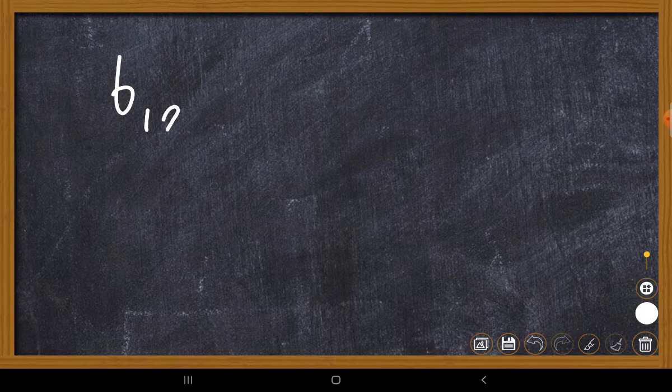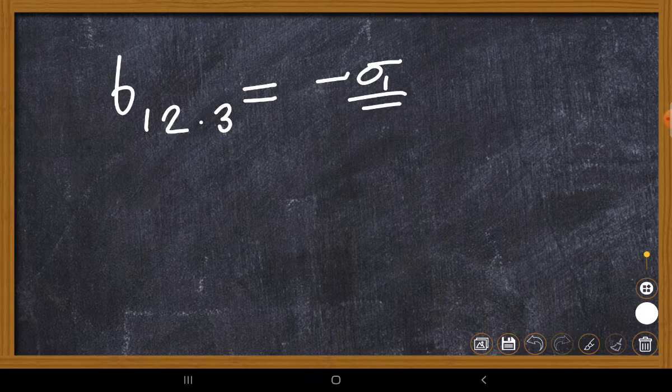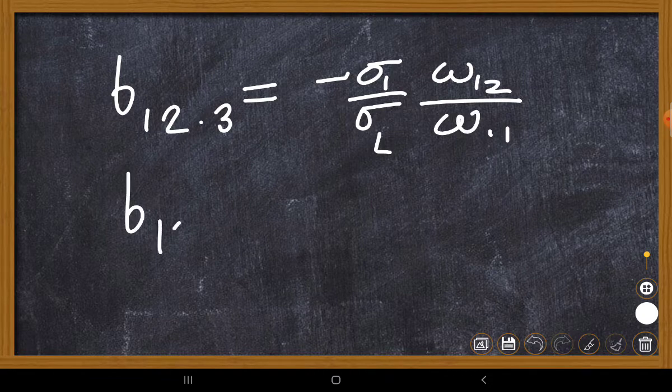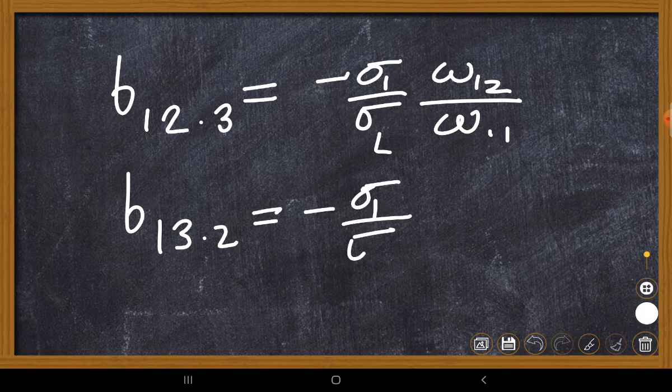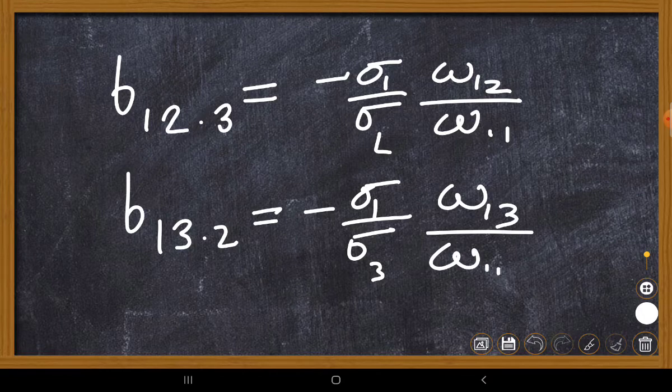An estimate of b12.3 will be minus sigma 1 by sigma 2 omega 12 divided by omega 11, and an estimate of b13.2 will be minus sigma 1 by sigma 3 omega 13 by omega 11. So this is how we obtain the equation of the plane of regression.